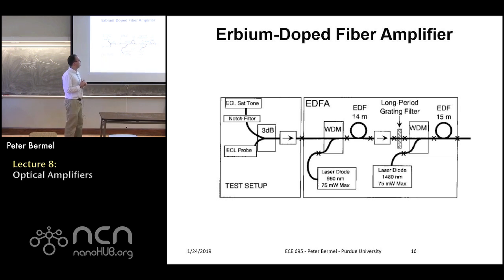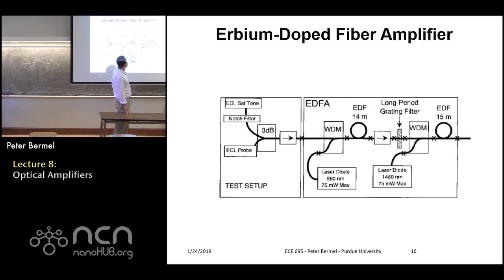The idea of the long period grating filter is just to filter out any wavelengths that are outside the specified range. In a lot of instrumentation, that's very critical, so as not to insert unwanted wavelengths and then have unexpected nonlinear optical effects or the like. And then you can also see that there's another pump at 1480 nanometers in this system.